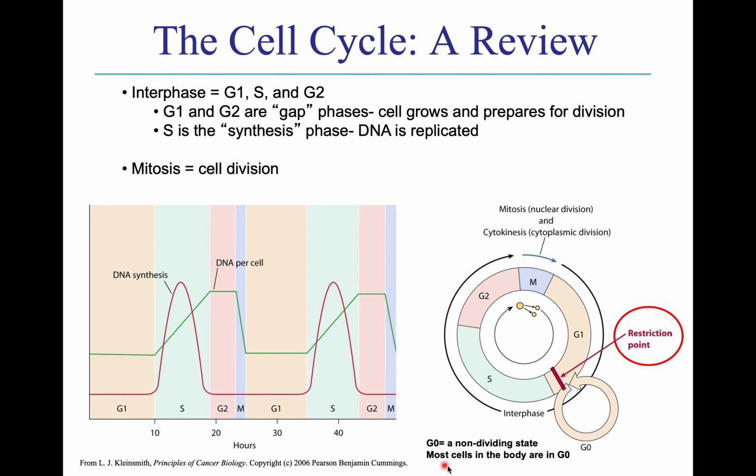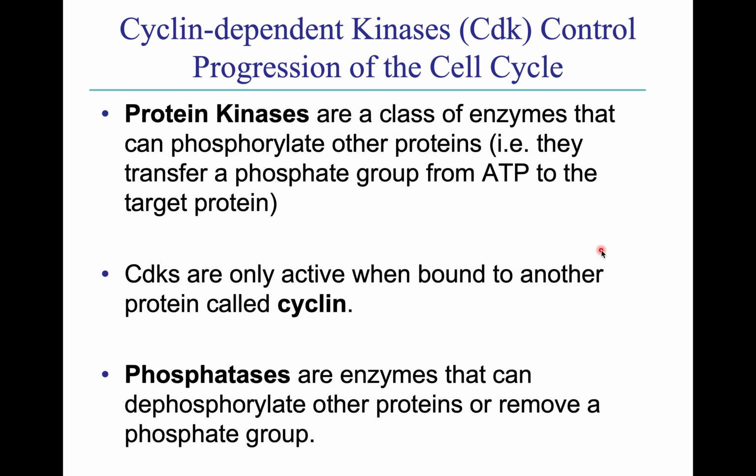So most of the cells in your adult body are going to be in this G0 state. They're not actively dividing. Cells in your adult body are only going to divide to replace lost or damaged cells usually. And so, what is it that controls the progression through the cell cycle and whether or not cells are going to be able to move past these checkpoints?